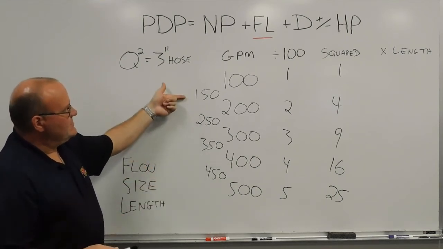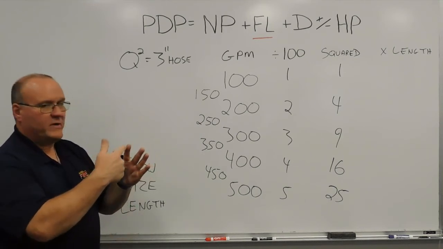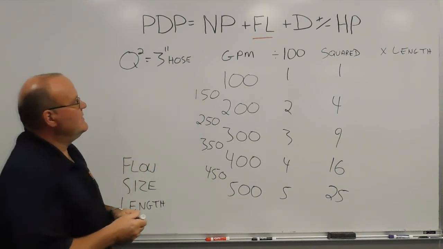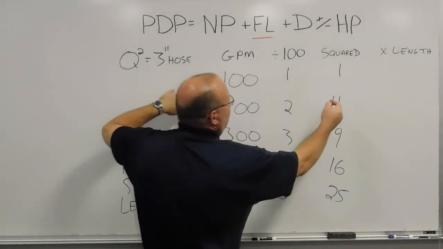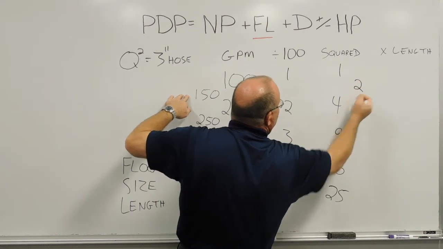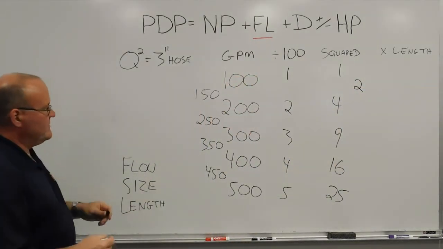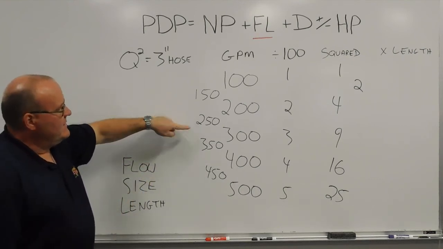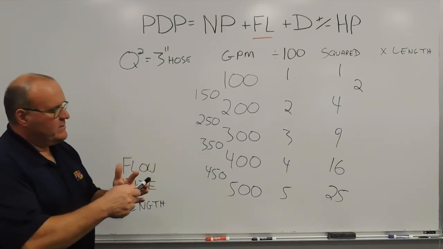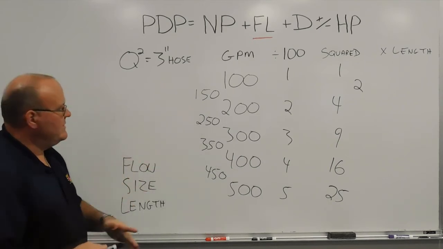So 150 gallons a minute, 100, 200, 150 falls between the two. 1 times 2 would give you 2. So 150 gallons a minute would give me approximately 2 pounds of friction loss for every 100 feet of 3-inch hose. We come down here to 250 gallons a minute. 100, 200, 300, 250 falls between 2 and 3. Cross multiply 2 times 3.